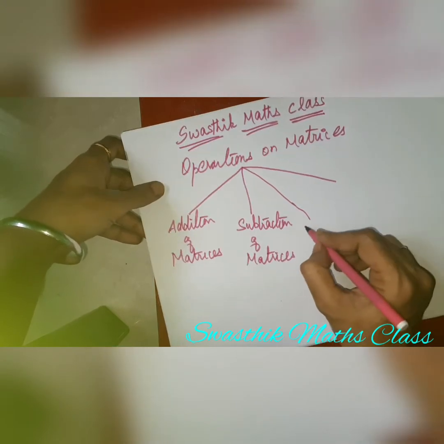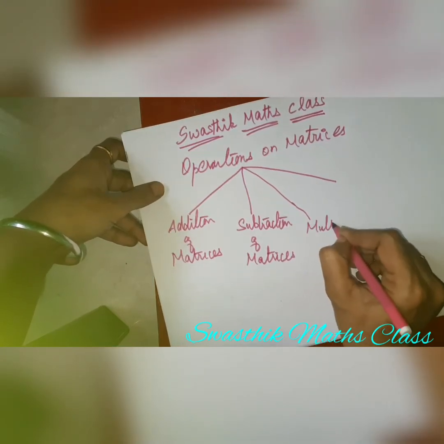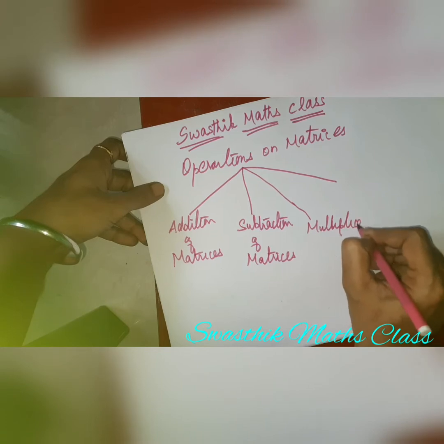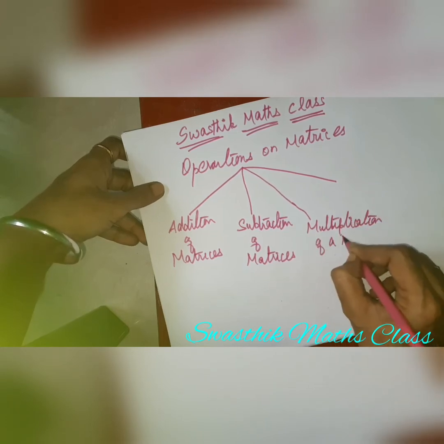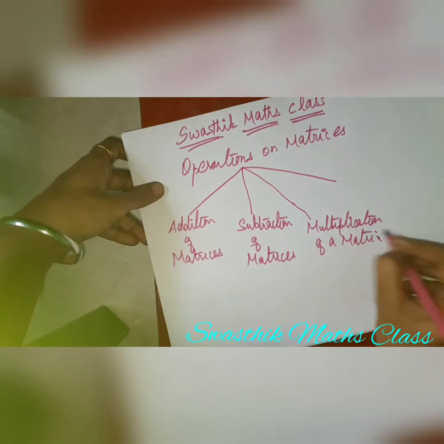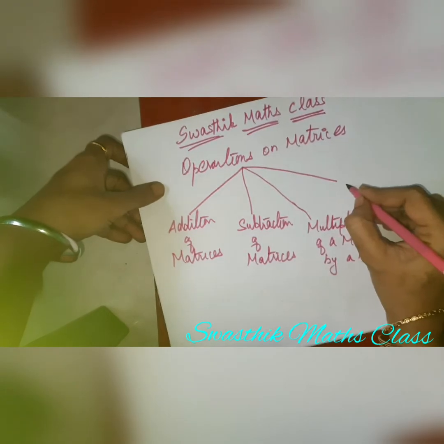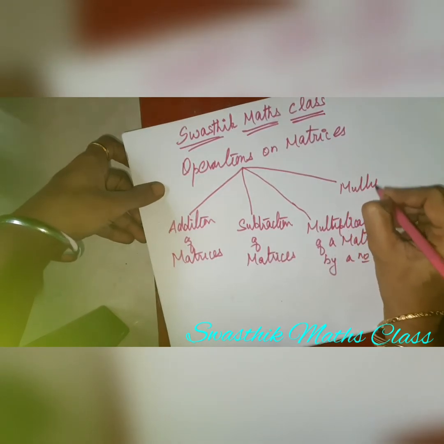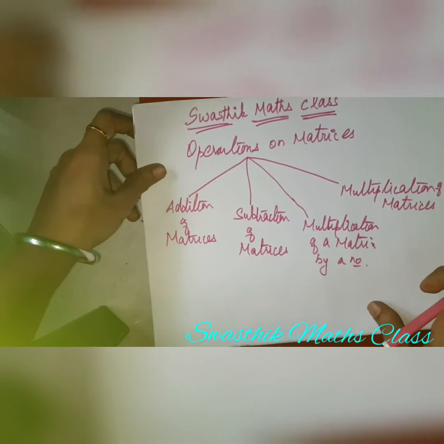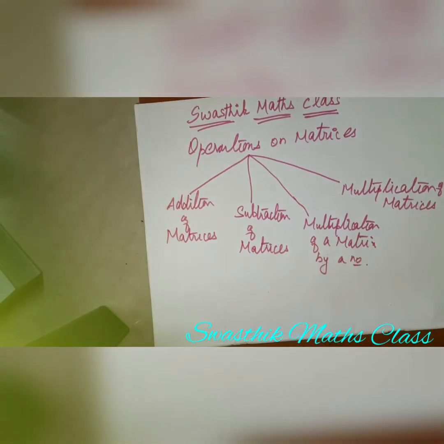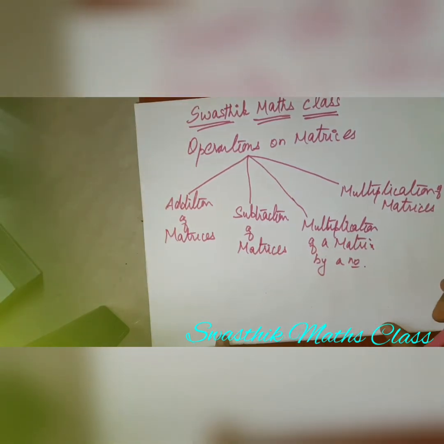Third one, multiplication of a matrix by a number. And the last one, multiplication of matrices. Okay. So these four are the basic operations on matrices.